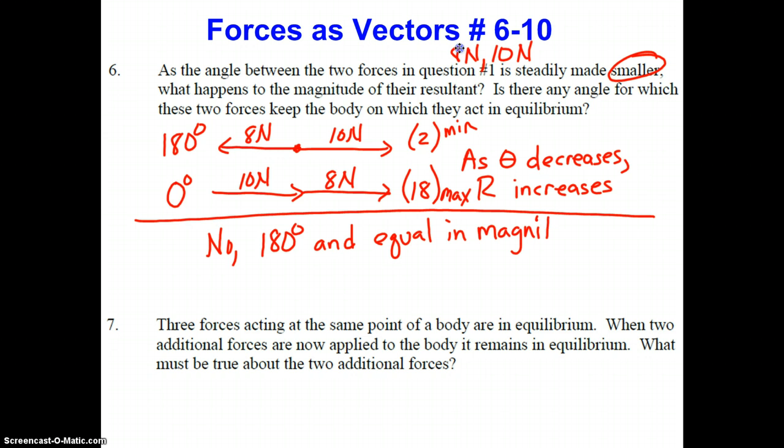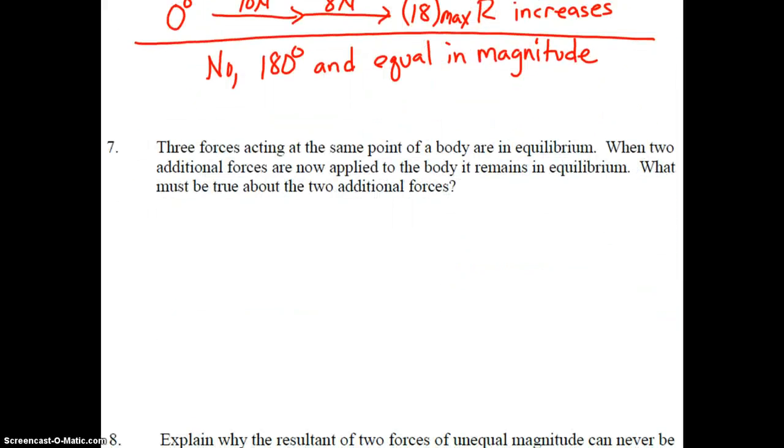This second part is, of course, the reason why they cannot be in equilibrium. We can get them at 180 degrees since there's only 2 of them, but they are not equal in magnitude, therefore cannot be in equilibrium. Okay? All right, on to number 7.